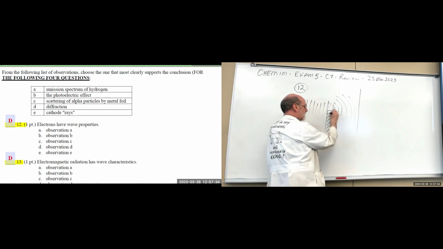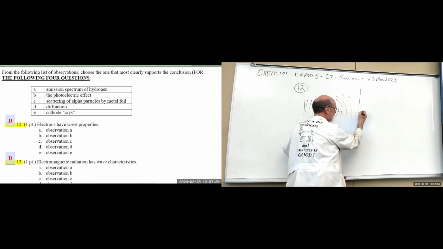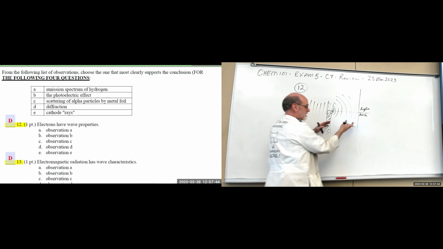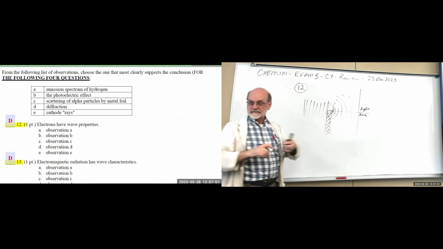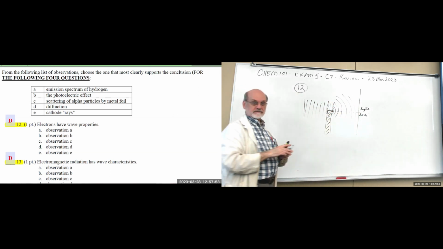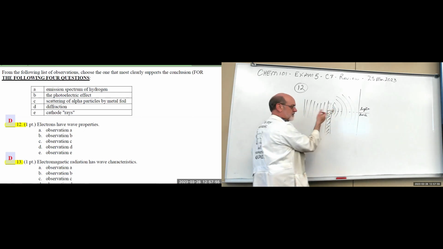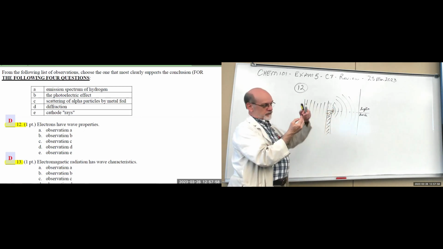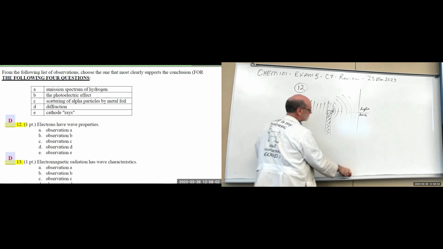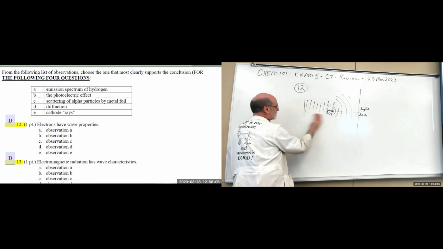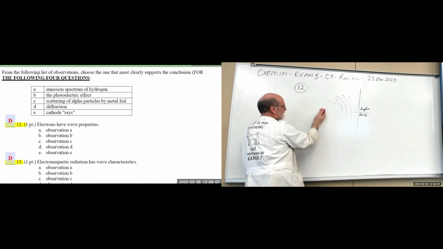And instead of having a discrete line here, where it's light here and dark here, we get gradations. It's lightest right here, and it gets darker as you move away. Okay, that's diffraction, either past an interruption like that, or through a slit, or through a pinhole, you get the same effect. So that's the answer, D.